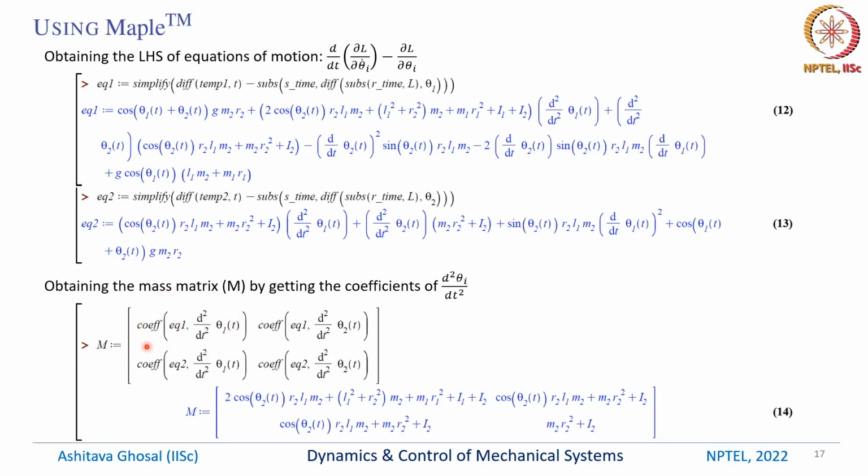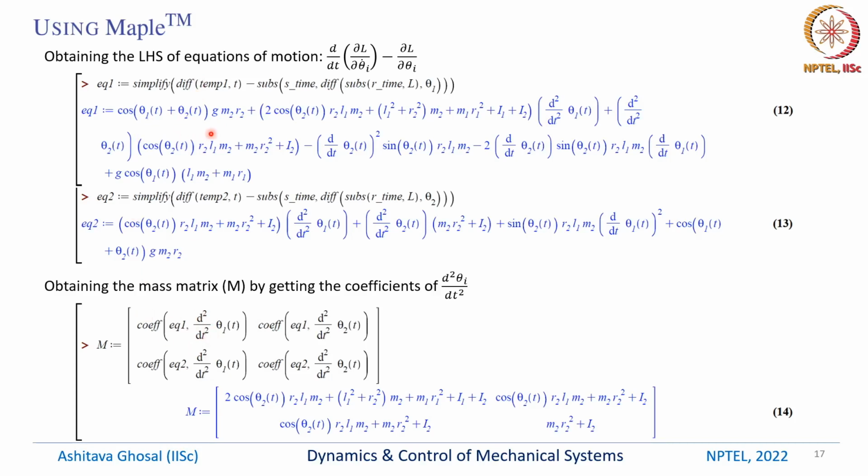If you type coefficient of equation 1, which is this long expression, you see the coefficients of d2 theta 1 by dt squared. Basically, what is the coefficient of theta double dot in equation 1?